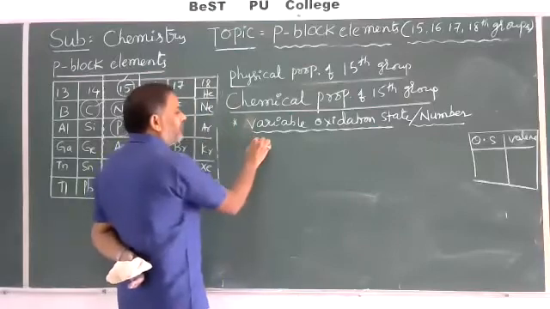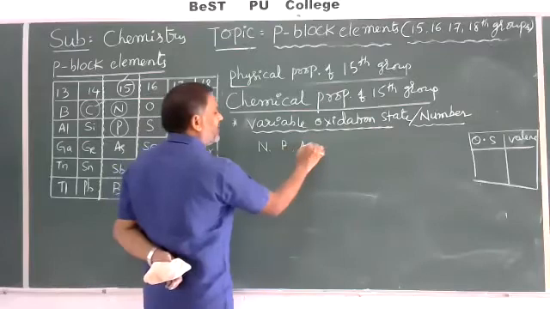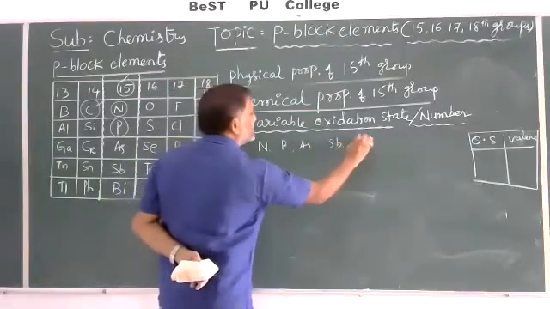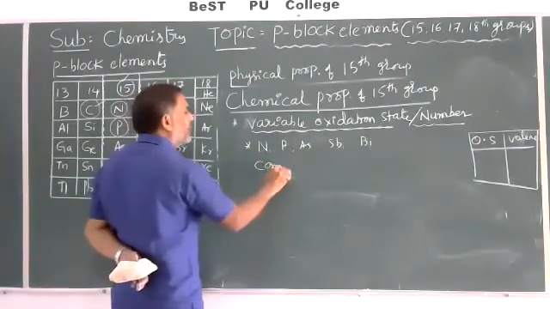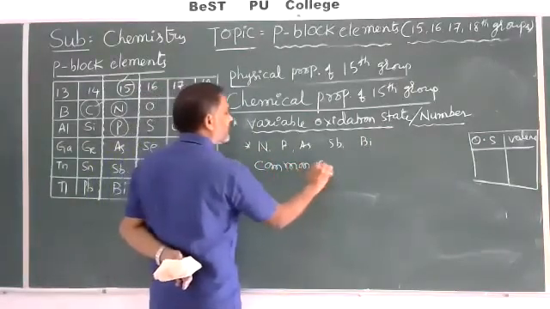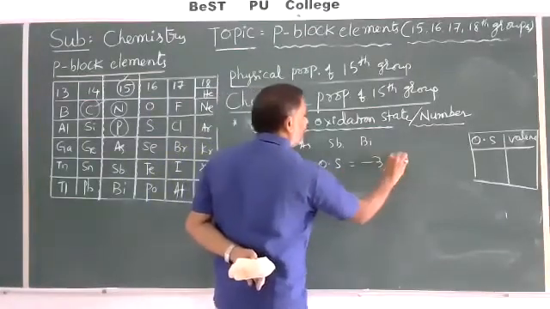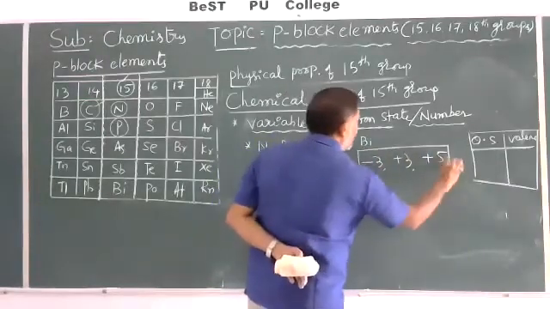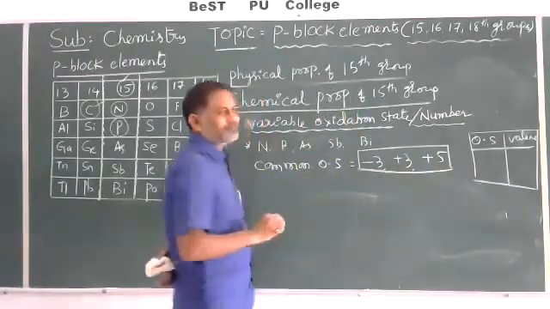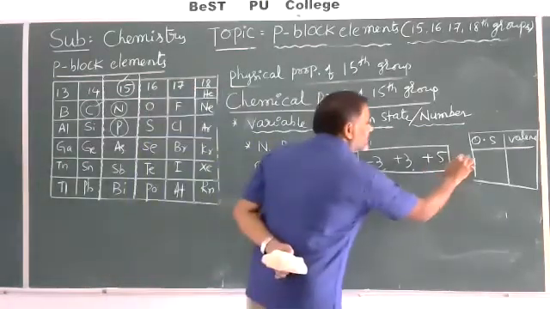Now the 15th group elements are nitrogen, phosphorus, arsenic, antimony and bismuth. These are 5 elements. The common oxidation states are -3, +3 and +5. So why not +6?